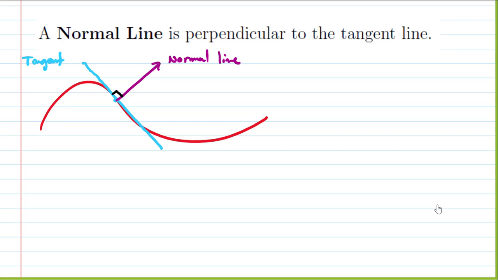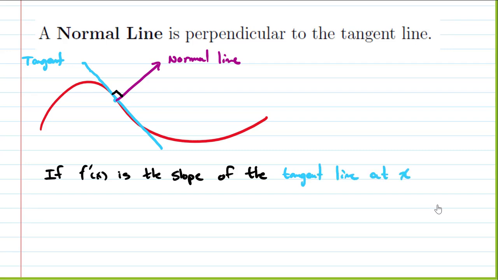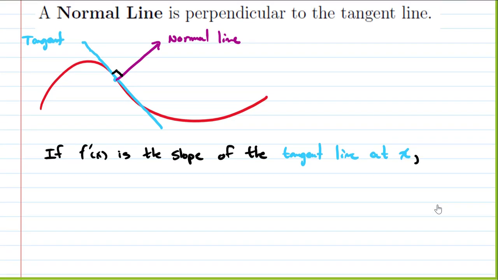So in terms of calculus, if f prime of x is the slope of the tangent line at x, then negative 1 divided by f prime of x is the slope of the normal line.